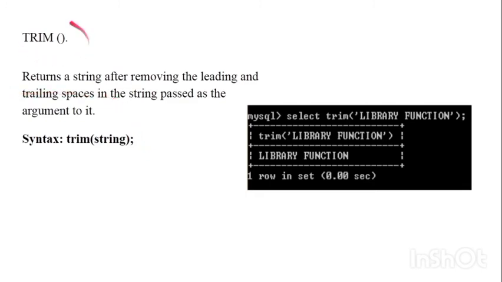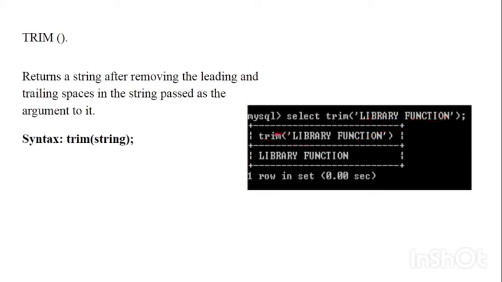So the trim function will return a string after removing the leading and trailing spaces in the string passed as argument to it. The syntax is trim string. Select trim in bracket string, that is library function.